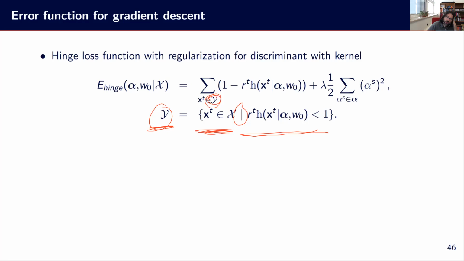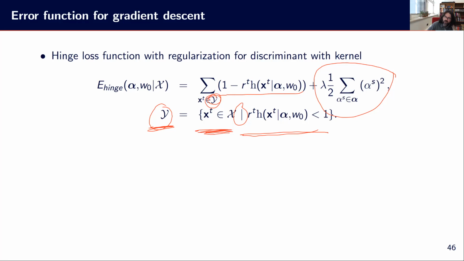So we are summing all the data that are in that case, and we are using what we have in the hinge loss formulation, so 1 minus RT H of xt. But we are also adding that thing here, some kind of regularization. We want to regularize that model to be sure that the alphas are as close as possible to 0.